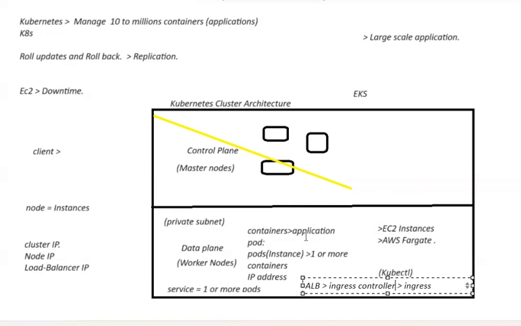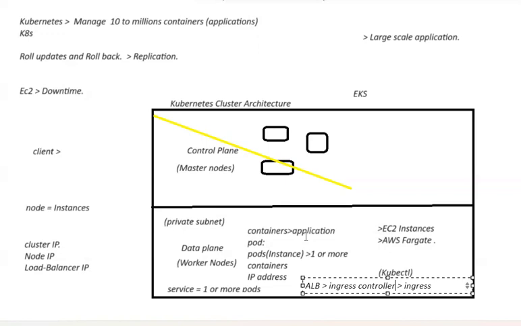So this is all about how the architecture of Kubernetes works and how the cloud overcomes the issues faced by this architecture by using the EKS service in AWS. And why we need EKS Kubernetes to host containers, how many containers it can host, what rollbacking is, how we can replicate, how we can avoid downtime, and how clients can access the data.